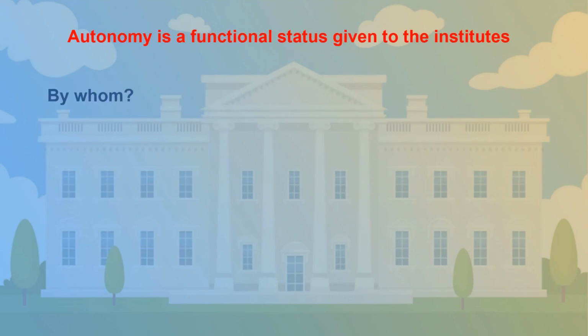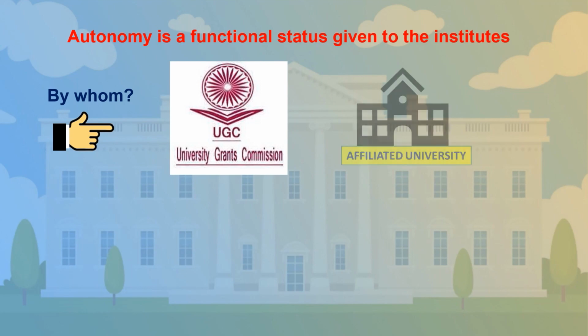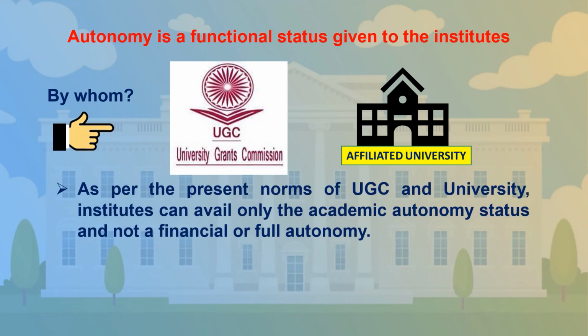We understand autonomy is a functional status given to the institutions by whom? The University Grants Commission, that is UGC, and affiliated university. As per the present norms of UGC and university, institution can avail only the academic autonomy status and not a financial or full autonomy.